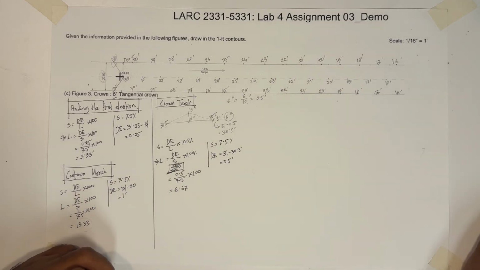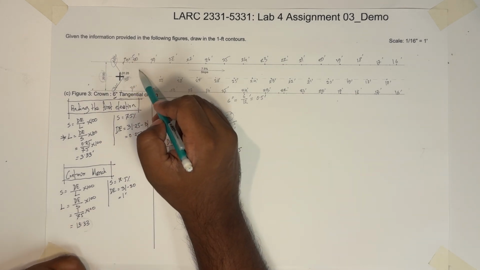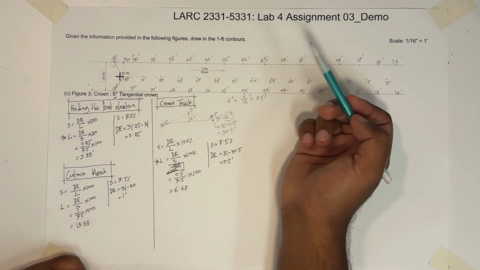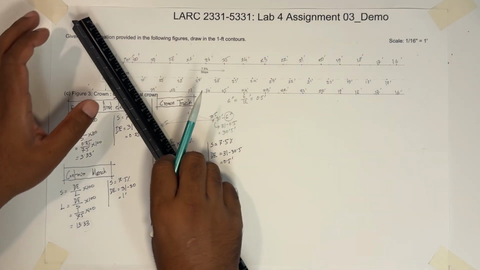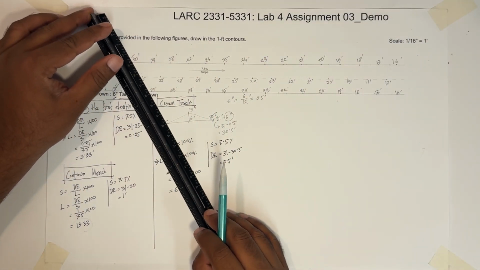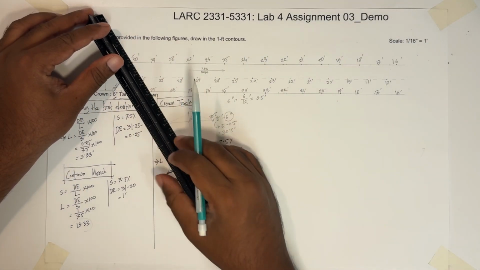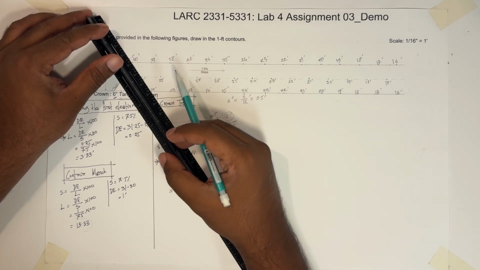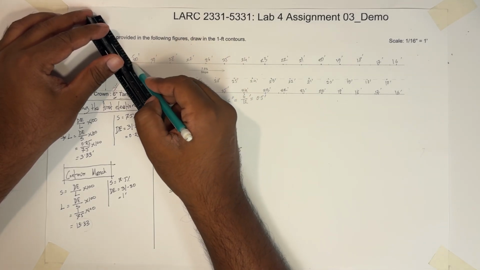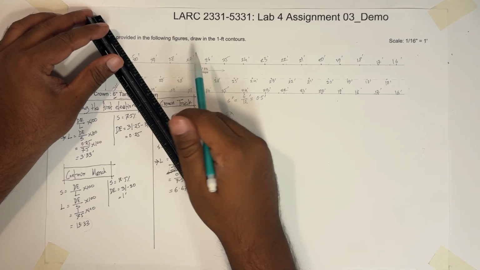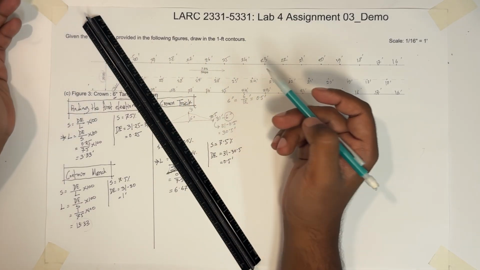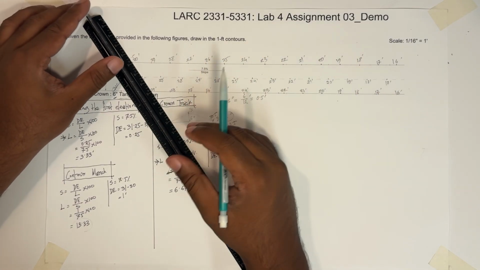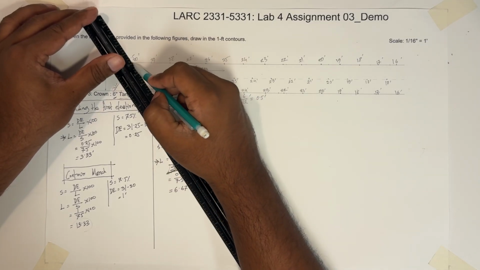So all that is left for now is to connect the contour lines with the dots. So that should be super easy. We just connect the corresponding elevation points with one another with sharp straight lines, because this is a tangential crown, so it needs to happen like this.